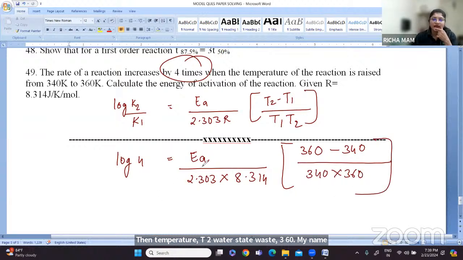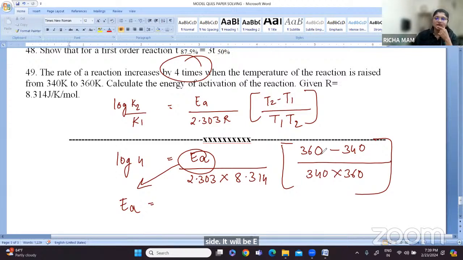Now, take the energy of activation to the left hand side. So Ea is equal to... 360 minus 340 is 20, divided by 340 into 360.